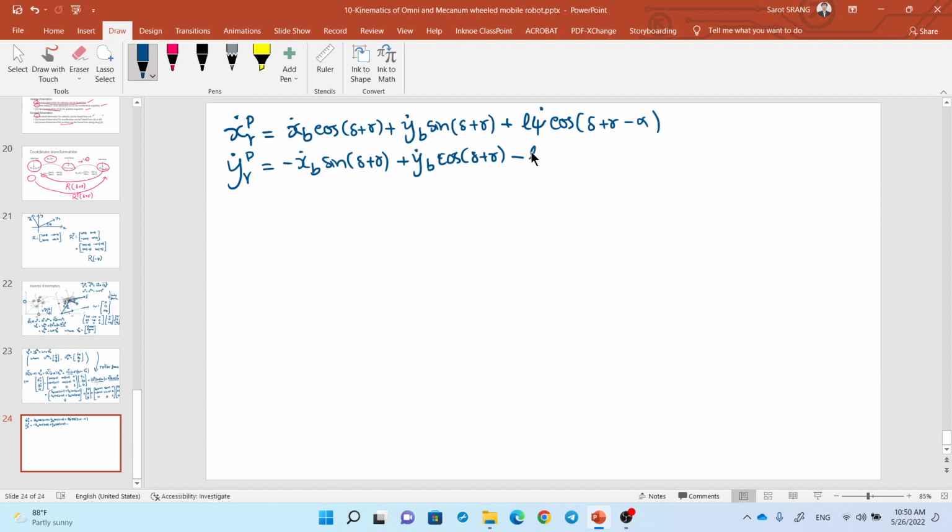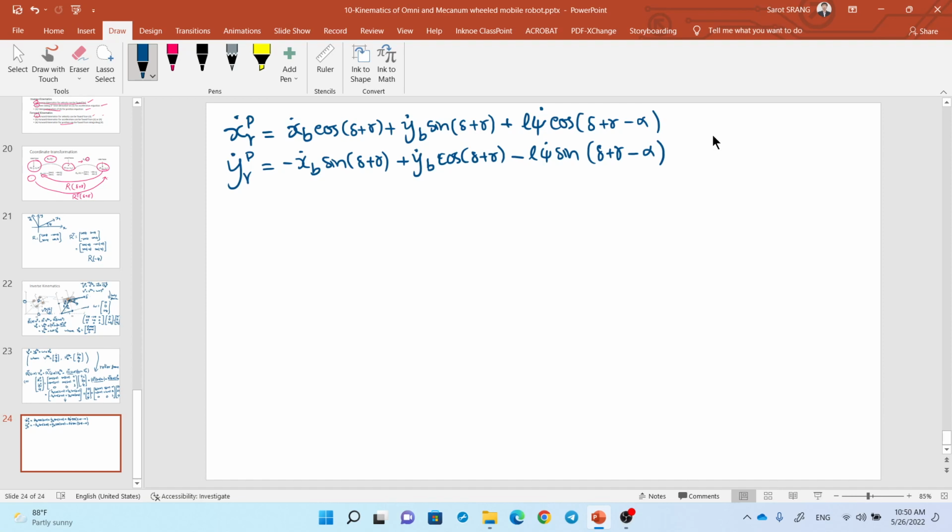So this one is L psi dot sine delta plus gamma minus alpha. And here is the main point of the inverse kinematics.